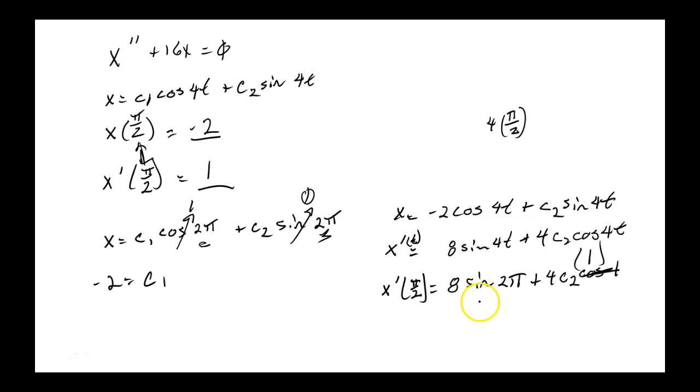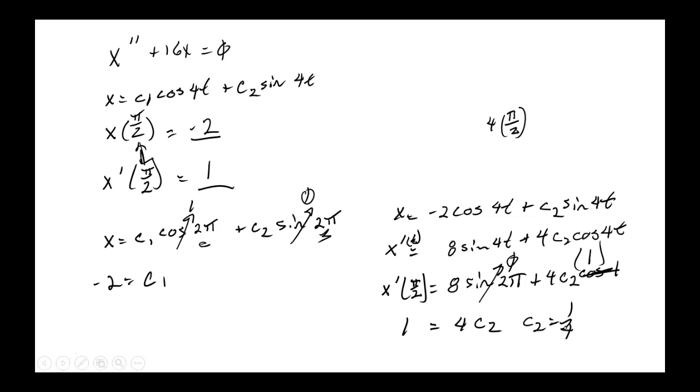And what is sine of 2 pi? 0. So this gives us, and we see that x prime of pi halves is 1, so 1 is equal to, that goes away, 4c2 times 1. So what is c2? It is equal to 1/4.